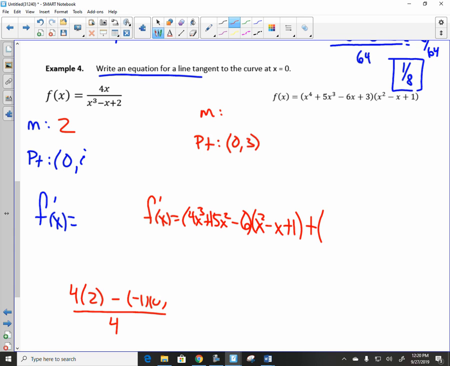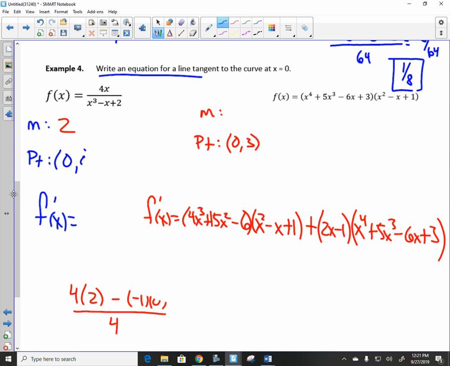Plus 2x minus 1 times x to the fourth plus 5x cubed minus 6x plus 3. And sometimes I'll get people that do the product rule and they still go and multiply it out. You just have to plug in 0.